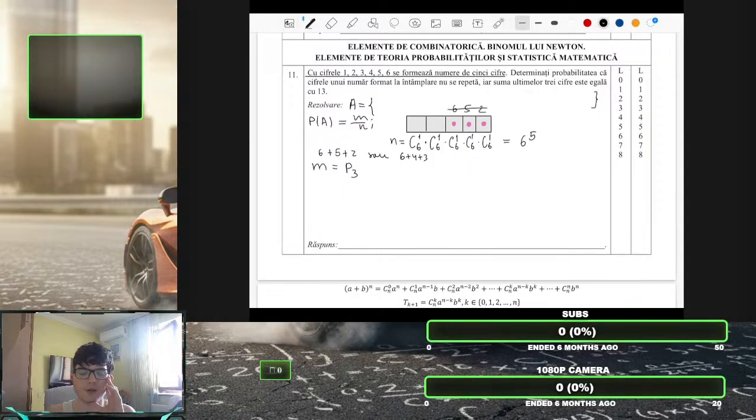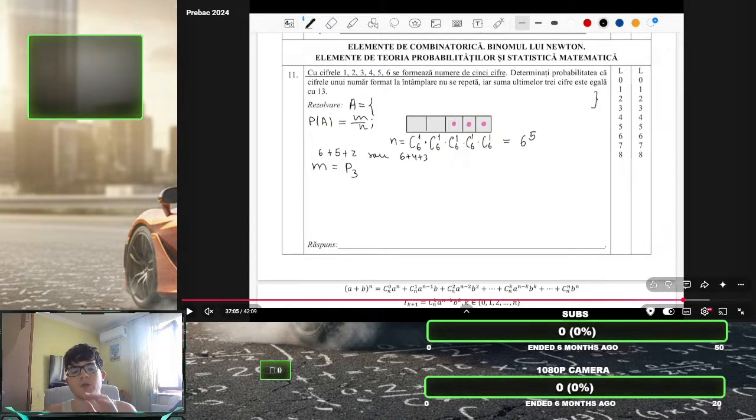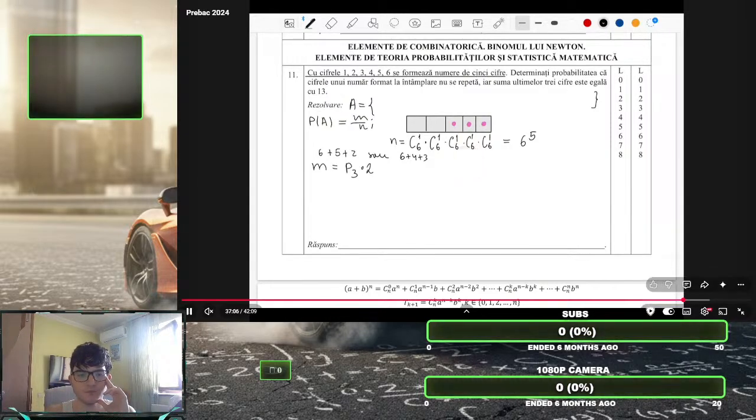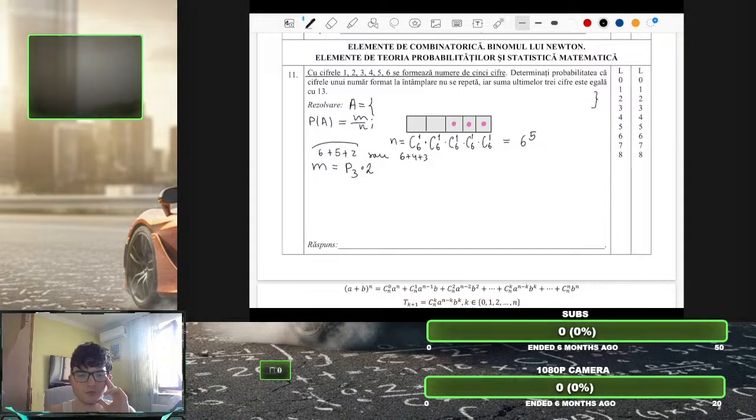Okay, so that's that. We got binomial Newton also there, perhaps. Times 2. Times 2 for the 2 other numbers or what? For the 2 variants and what?